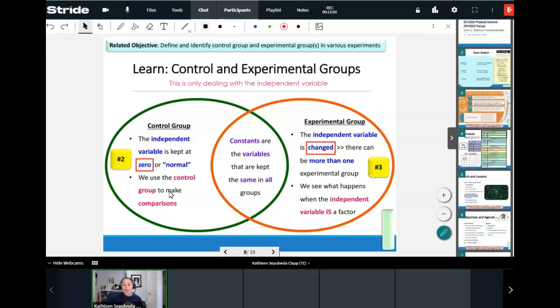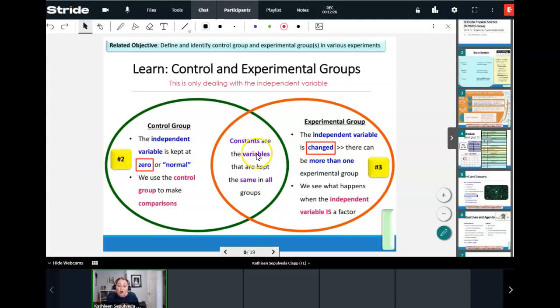That can be more than one experimental group. We see what happens when the independent variable is the factor. The control group is where it's not a factor, where it's 0 baseline, kept normal. We're just comparing it to the experimental group. Is that what we change?